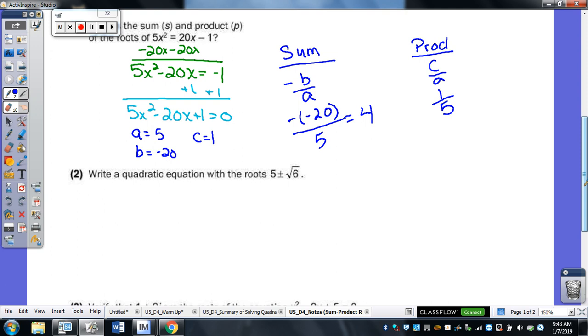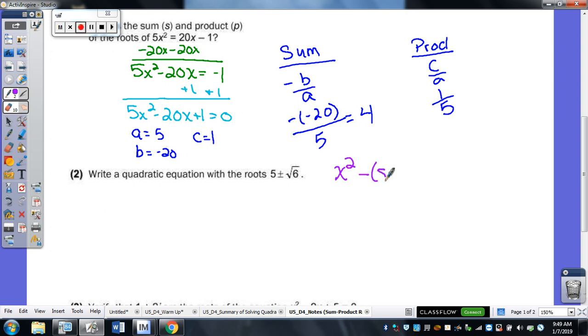So number 2 is asking us to go about it a little bit differently. They want us to write a quadratic equation with the roots of 5 plus or minus the square root of 6. So when you are actually told to write the quadratic equation, you are going to follow this formula. So it's going to start with x squared, because it always starts with x squared.